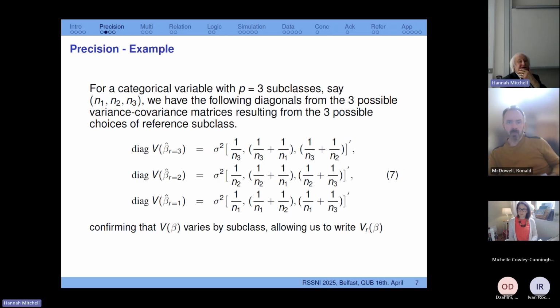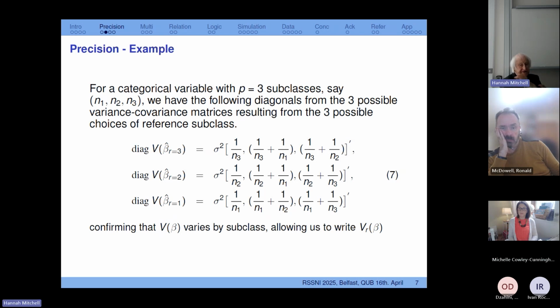So I'm taking the diagonal from 6, but I've done it for each case of making the assumption that R is equal to 1, R is equal to 2, and R is equal to 3. So these are the algebraic forms of the diagonal.